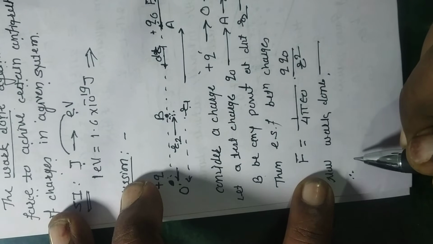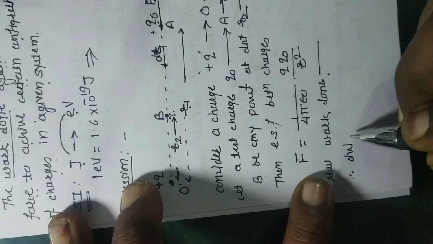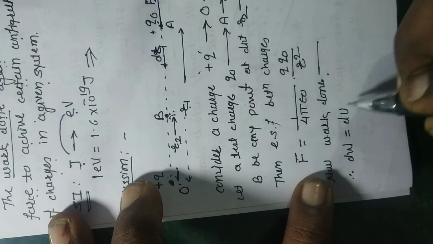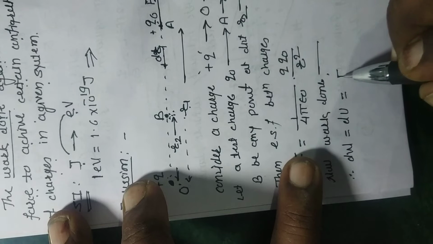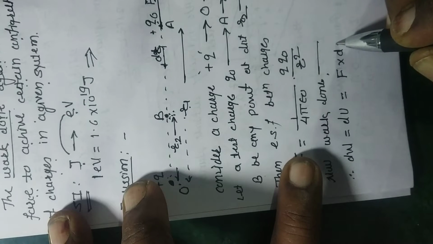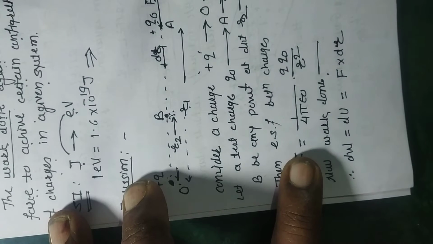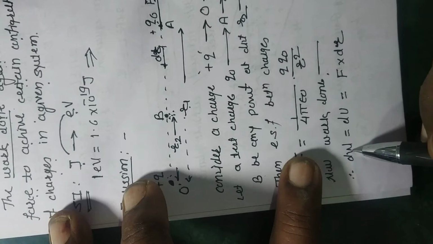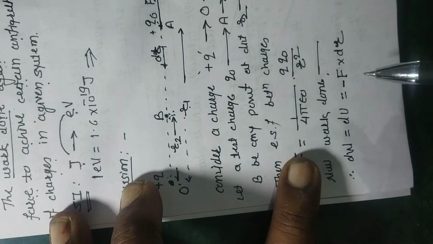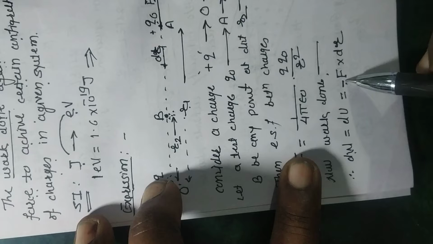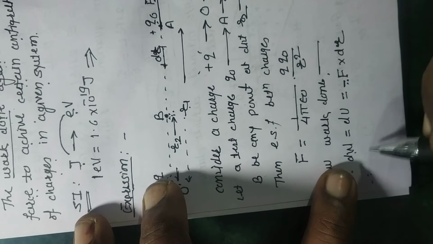Work done or increase in potential energy is equal to force into displacement, but this work is against force, and therefore we have to take minus sign. This negative sign indicates that work is done against force.